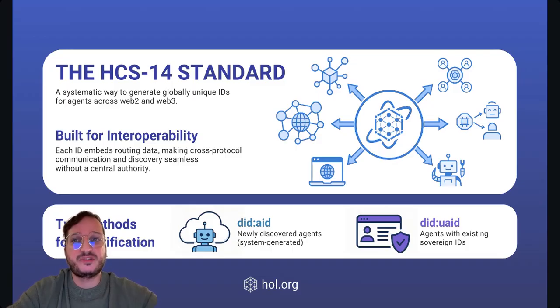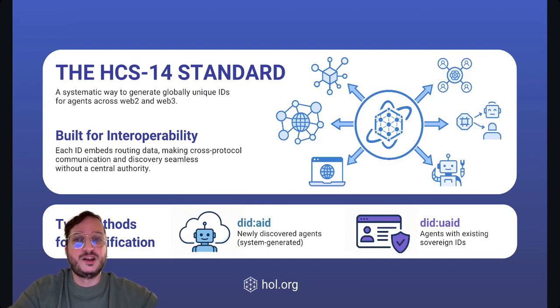And there's a potential that many agents in the future will never have a sovereign ID of some sort. So the AID method, which uses publicly available information to generate a unique hash, is a great compromise, which allows us to still have the discovery and interoperability because technically everyone should be able to generate that same hash by using the same data that we use to create the hash.